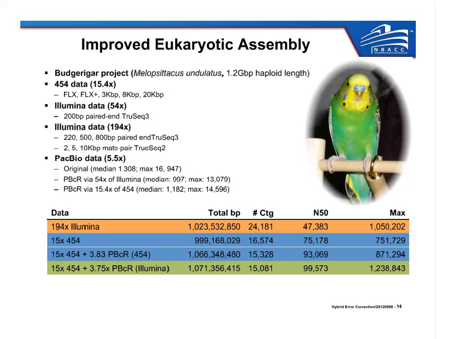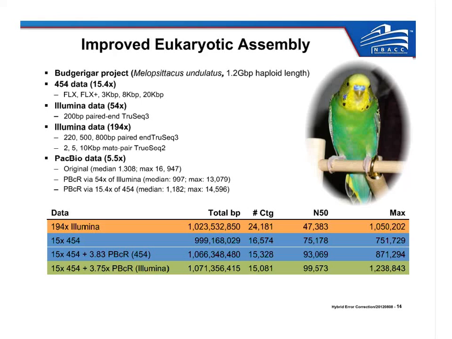The goal of the project was to look at vocal learning. It's hypothesized that vocal learning is very dependent on regulation, not on the exon sequence. So our collaborators were very interested in getting not only the exons in the genome, but also the intronic sequence and promoter regions, which are typically very difficult for assemblers to assemble.